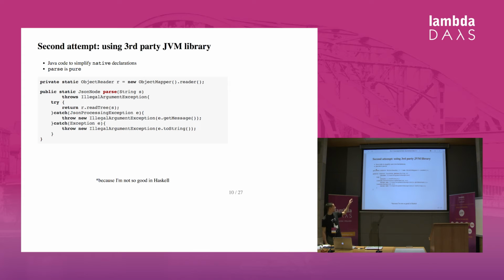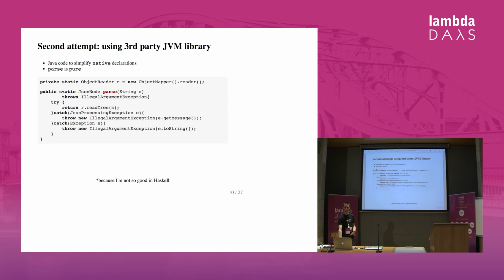I have checked it. And I declare a function parse, which parses a string, and if it's okay, it returns this JSON node. If it's not okay, I map two kinds of exception into illegal argument exception. So the parse function is almost pure because it returns a JSON node type, but it can throw an exception.